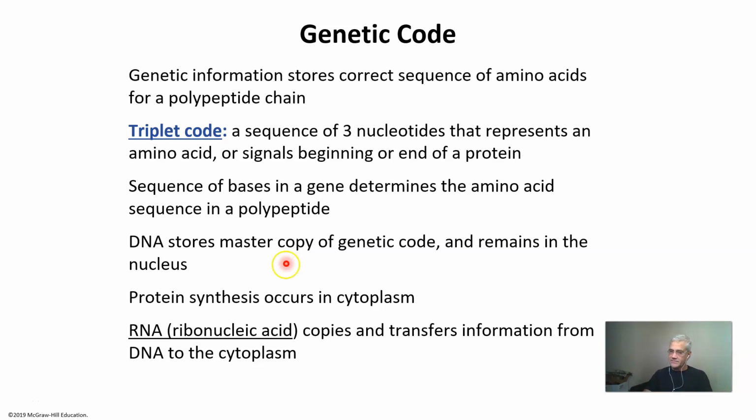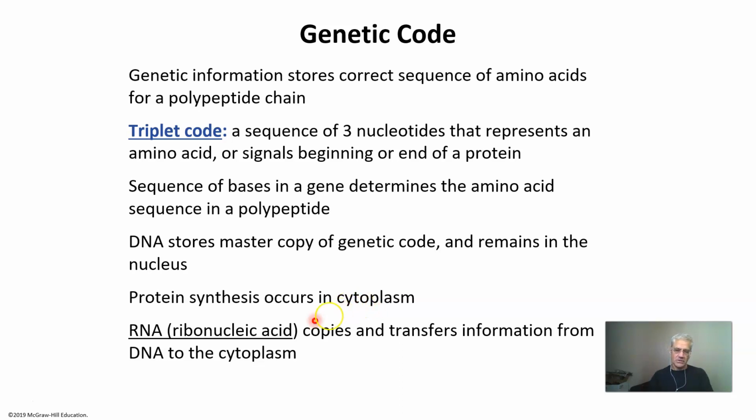I've told you that DNA doesn't leave the nucleus. However, protein synthesis occurs in the cytoplasm. So you have to get those instructions from the nucleus, from the DNA, out of the nucleus, into the cytoplasm to direct the production of proteins. It turns out that there is another kind of nucleic acid that can do that.